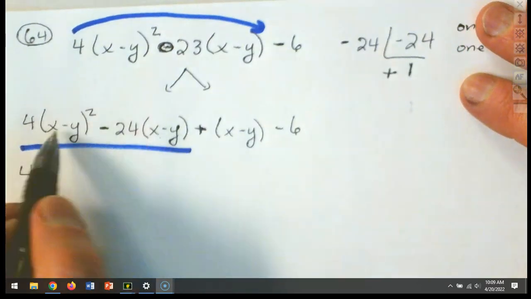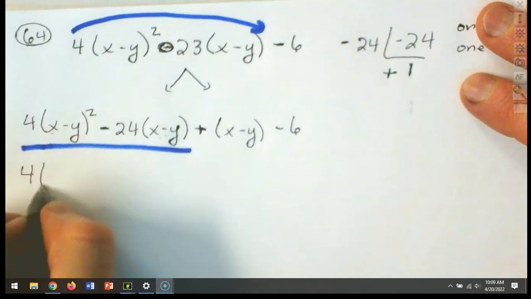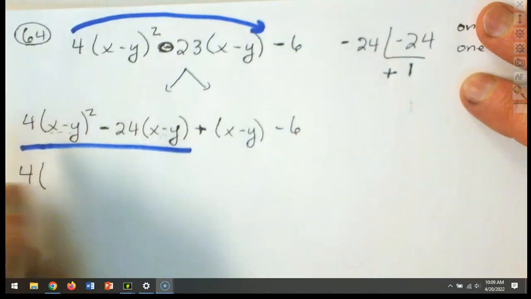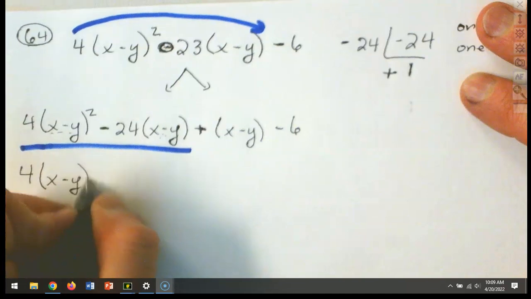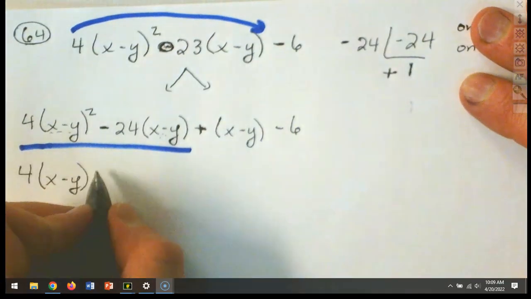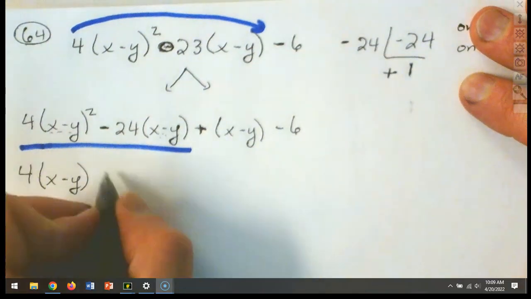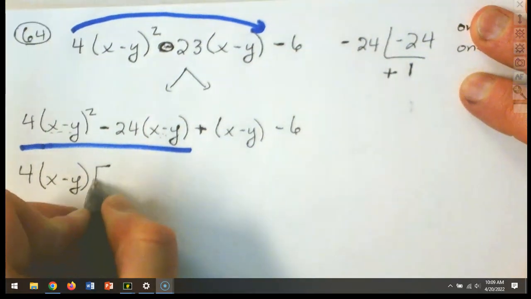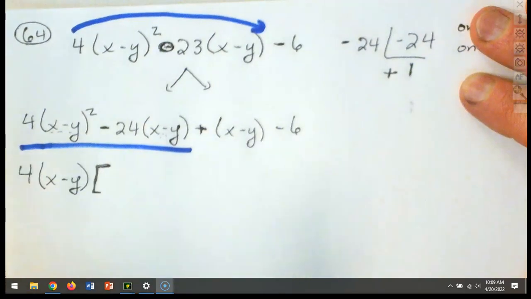What else do they have in common? Okay, x minus y. Okay, I'm going to use square brackets. You can use parentheses. I don't like to have a whole bunch of extra parentheses because it's confusing. So here I'm going to use square brackets.